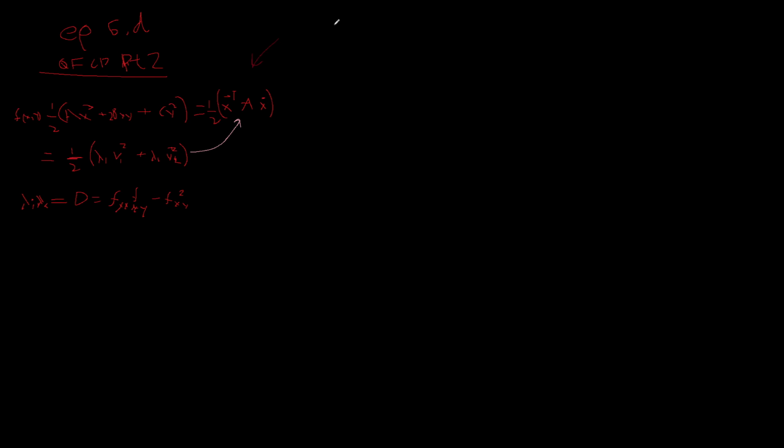If we have a matrix A, we say that it is positive semi-definite. I'm sorry, that's an F, that's a D.